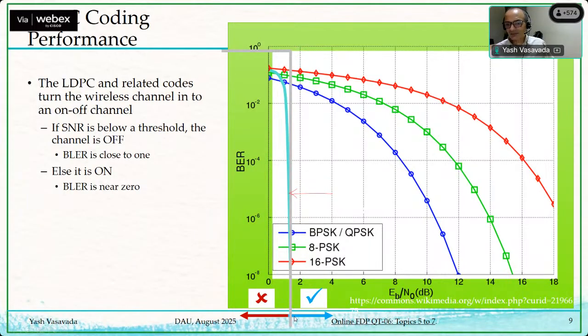On the other hand, if you are on the right-hand side, then all the messages are going to be received correctly. It becomes like a binary on-off type of switch, which was simply not the case for this BPSK, QPSK type of transmission. And this is not just one lone single strange result.